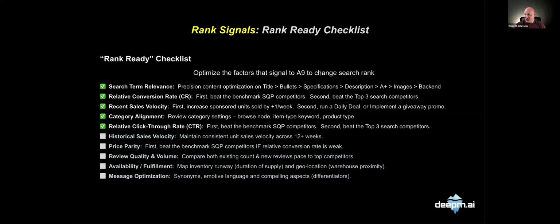So, geolocation, warehouse proximity. If you go back and analyze the sales history of your customers, we don't do that at DeepM, but I would certainly recommend it. It is certainly going to affect your search rank, because the closer the product is to your customer, the more likely it's going to show higher on search rank.